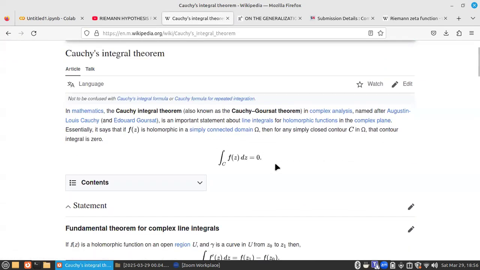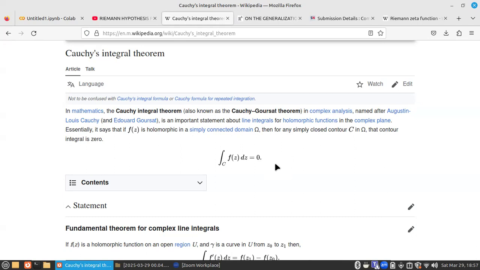So what is our idea? If the reciprocal of the zeta function has got a singularity point, then Riemann zeta function has got a zero at this point as well.